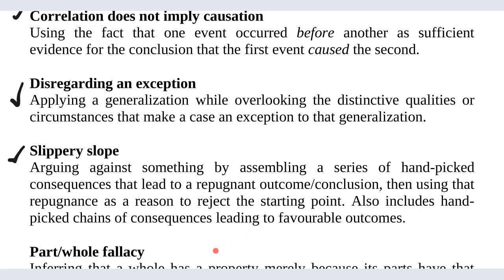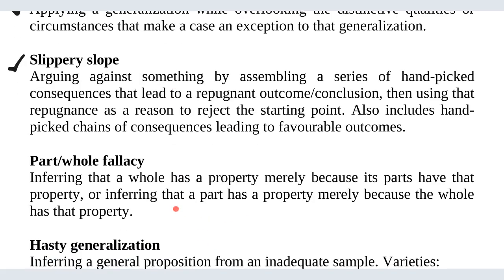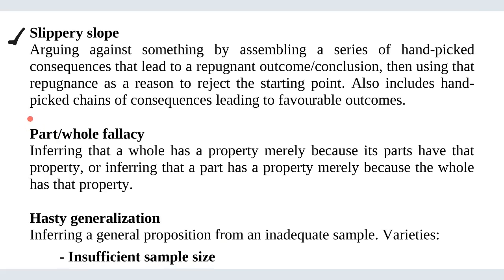All right. Part-whole fallacy. Inferring that a whole has a property merely because its parts have that property, or inferring that a part has a property merely because the whole has that property. Again, this goes by different names: fallacy of division and composition. We could conceivably track them as two different fallacies, right?